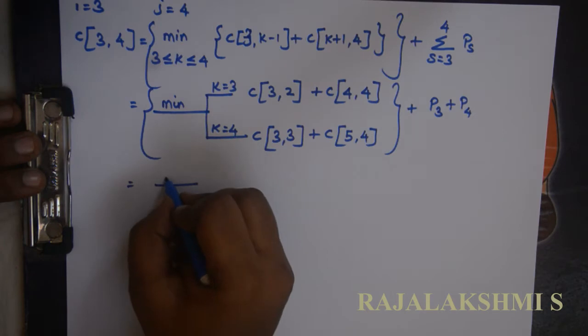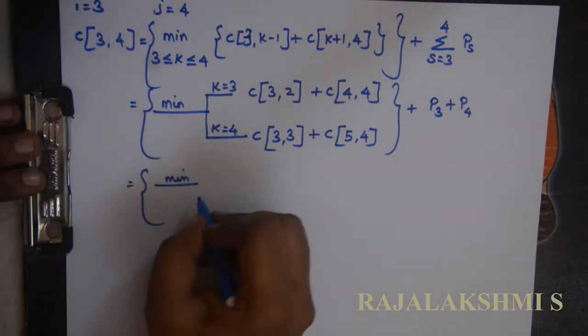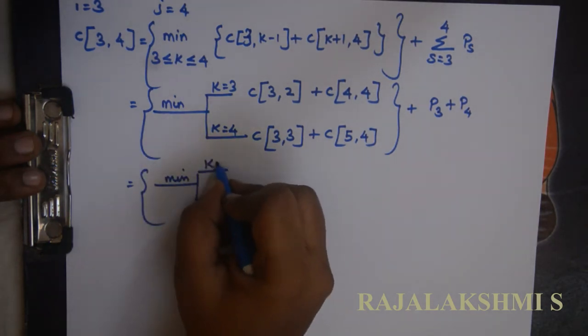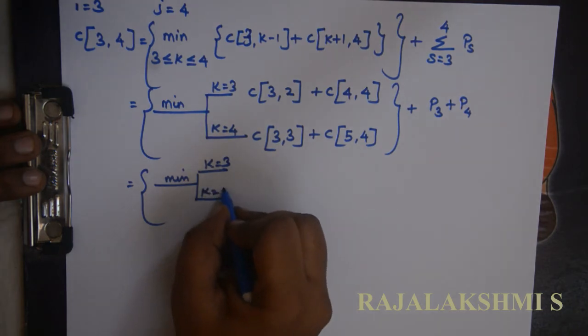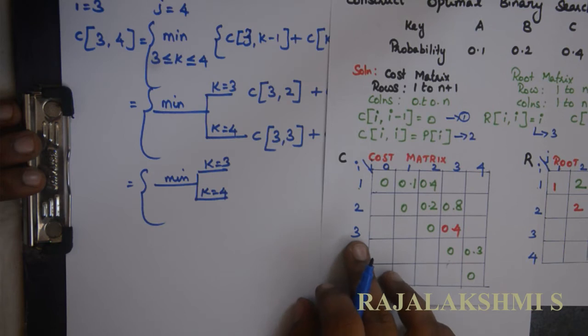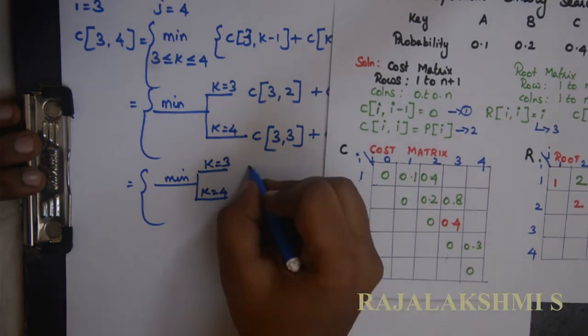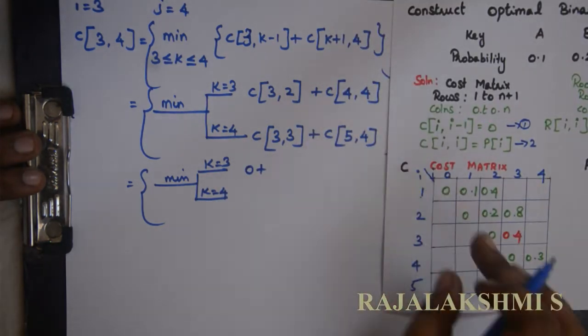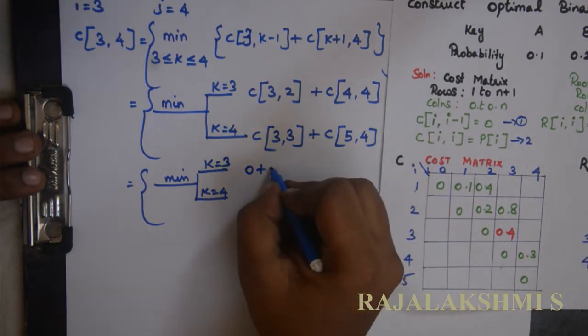So the minimum over k equal to 3, k equal to 4: C of 3 comma 2, which we have to take from the table, is 0, plus C of 4 comma 4, which is 0.3.